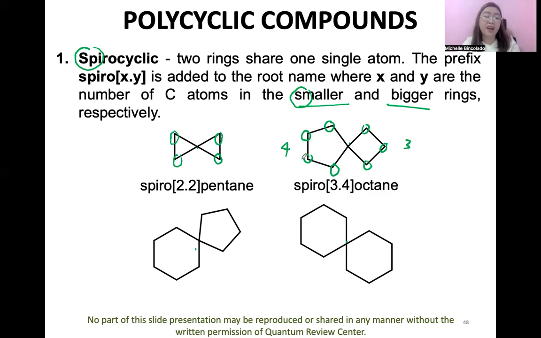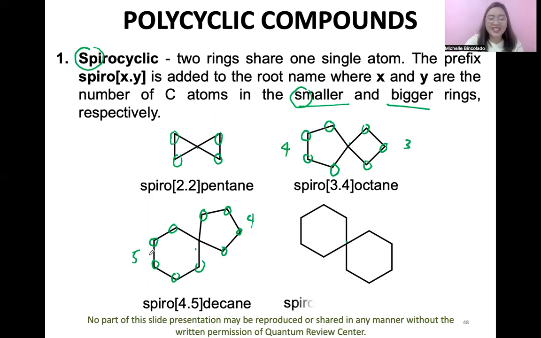Ito guys ay spiro 3.4 octane. Okay? Next. So smaller ring guys, 1, 2, 3, 4. Bigger ring, 1, 2, 3, 4, 5. This is spiro 4.5 decane. Next guys, ayan, pareho lang sila. No? So this is spiro 5.5 undecane kasi 11 carbons yung total niya.